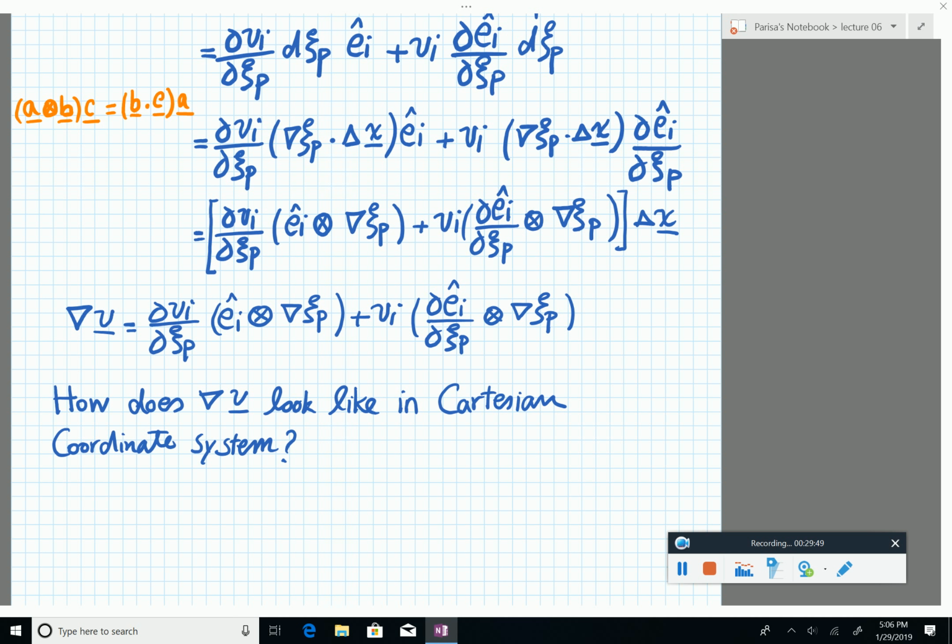So one thing is e^i. Now we forget about the generality. We are going back to our familiar cozy coordinate system, Cartesian. We know that the unit vectors are constant. When something is constant and you take the partial derivative, what do you get? Zero. So the second term is zero.